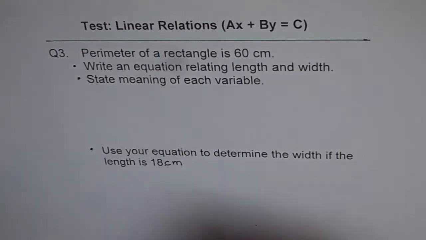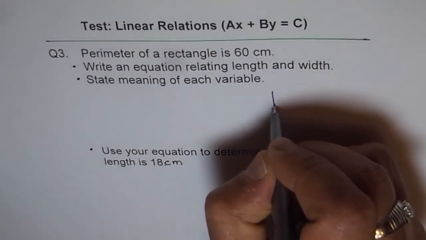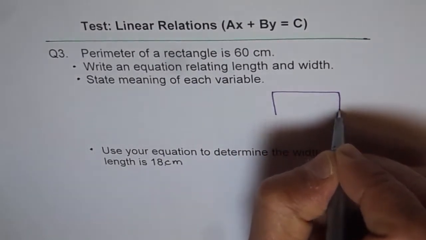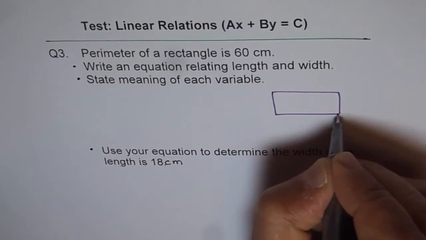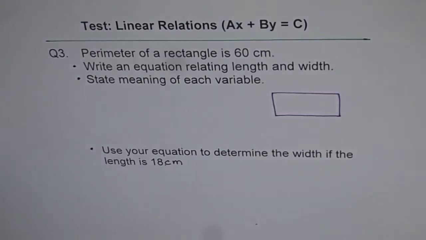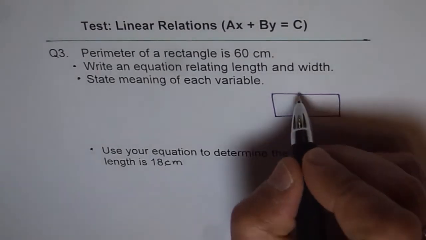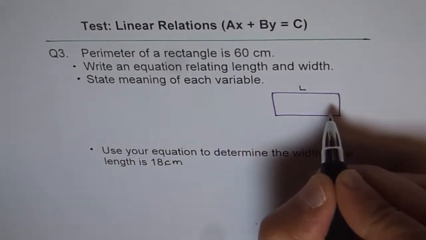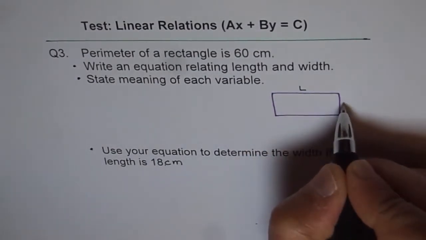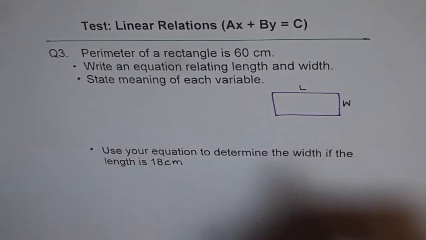Let's look into it. Have a close look. Let's say this is a rectangle. Let's first try to understand the situation where this line fits. Now in this rectangle, let the longer side be length as shown in the figure and the smaller side be width.